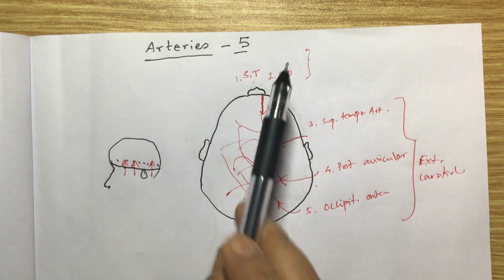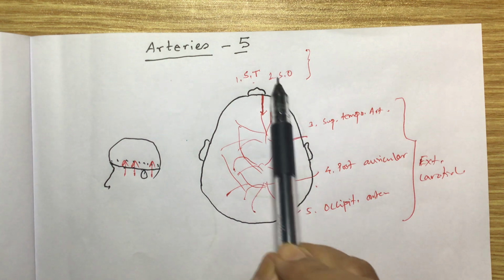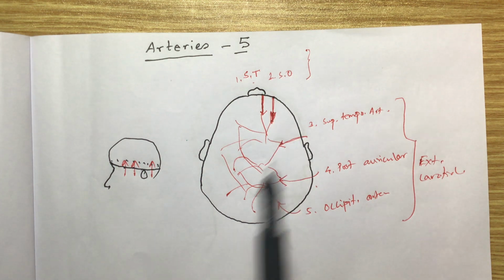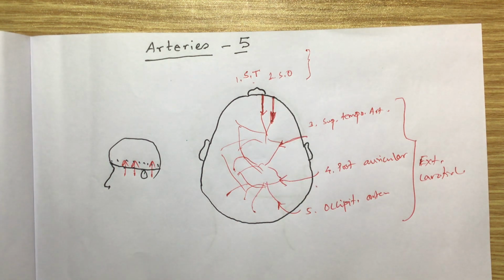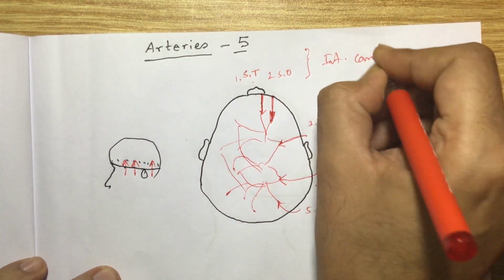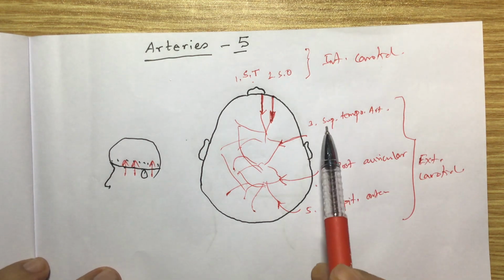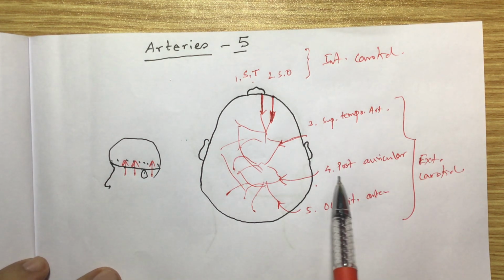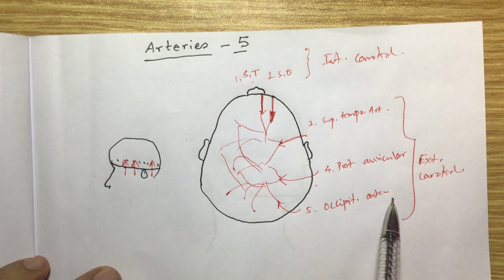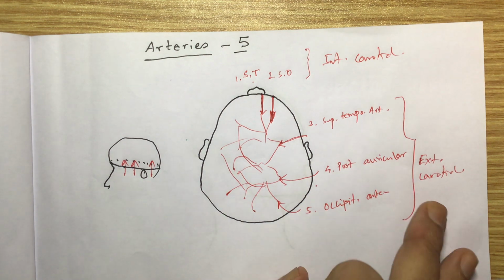So 5 arteries: supratrochlear, supraorbital, which are coming from the internal carotid system, and these 3, the superficial temporal, posterior auricular, occipital artery, they are coming from the external carotid system. So these are the arteries.